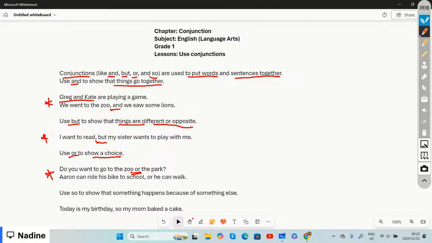Another example is, do you want to go to the zoo or to the park? Do you want to do this or do that? You have a choice. You can choose.